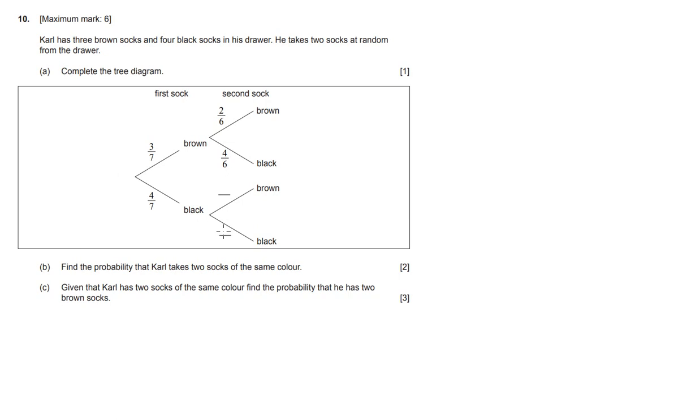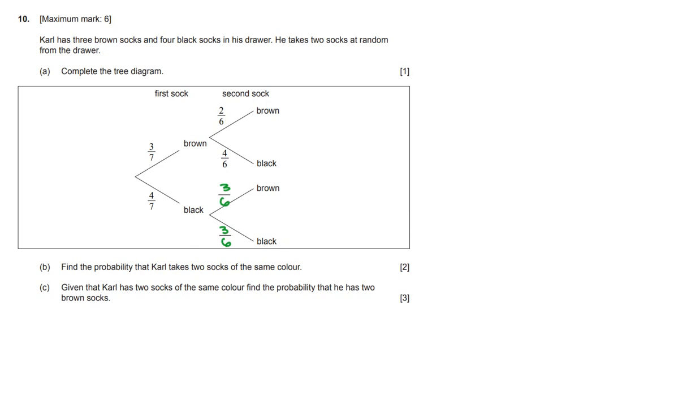So we do 3. There are 3 left out of 6 total. And that means that all these branches always have to add up to 1. So that means that there's going to be 3 brown socks because you didn't choose a brown sock out of the 6 total. So it should be 3/6 and 3/6 on those for completing the tree diagram.